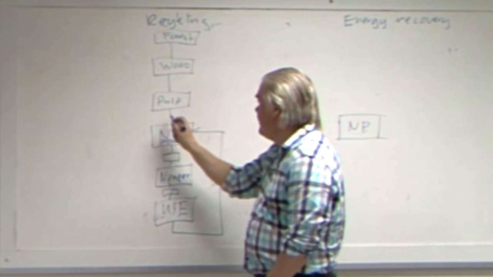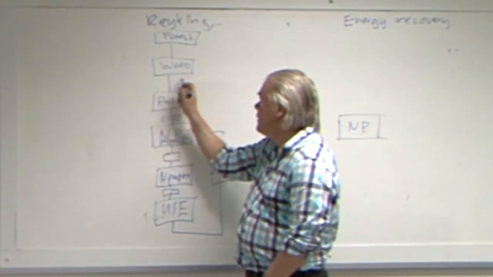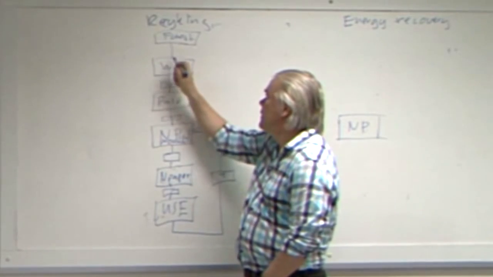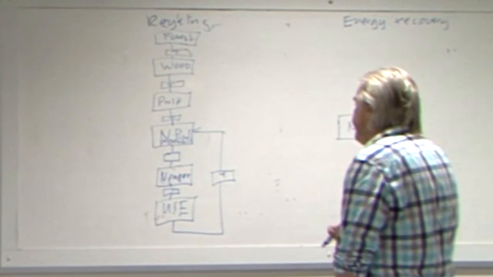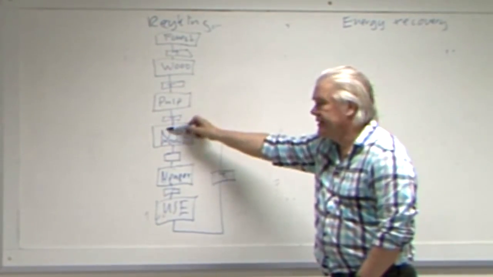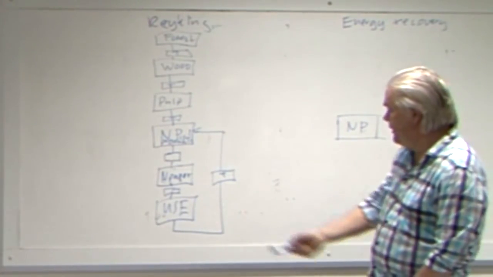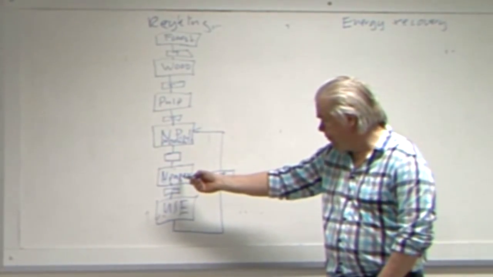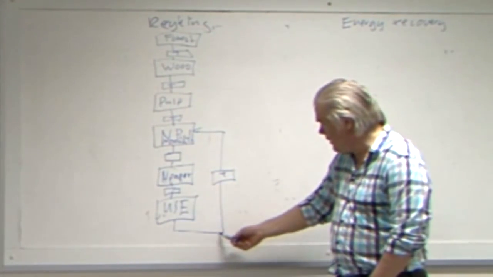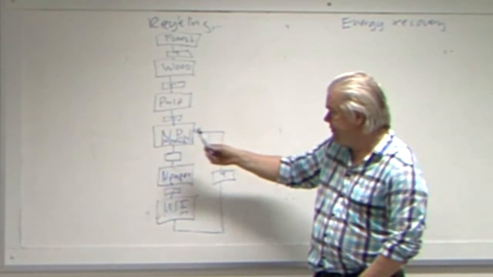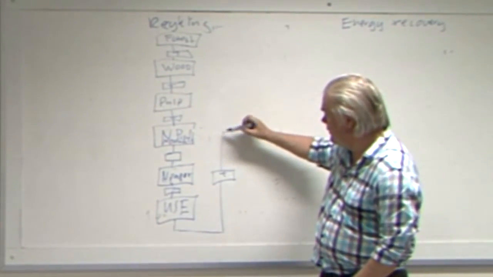And of course we have a lot of transports. Something like that: forest, wood, pulp, newsprint production, this can of course be in the same place. We have the production of the newspaper, we are reading it, and some guys are collecting it and recycling it, or maybe it goes up here.